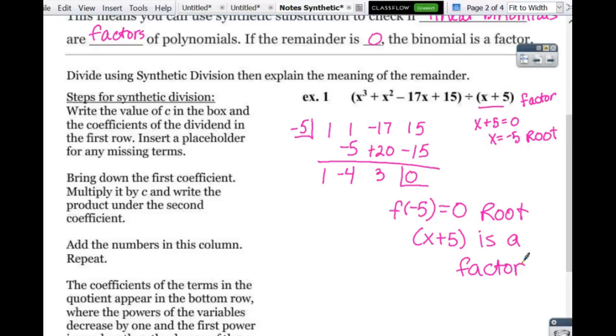What's left is called the suppressed equation. If I divided by an x already, that means my answer has 1 less x, right? Because x cubed divided by x would give me x squared. So this would start with x squared. The suppressed equation is 1 degree less, and I would write it as x squared minus 4x plus 3.